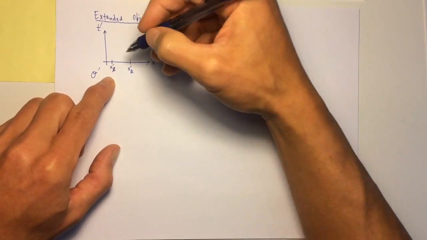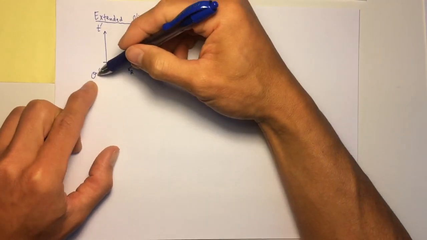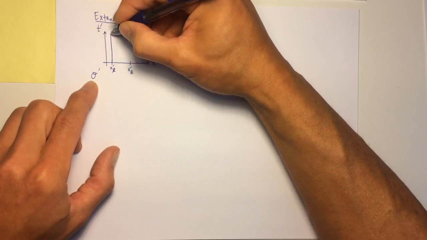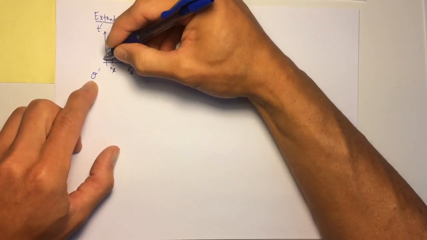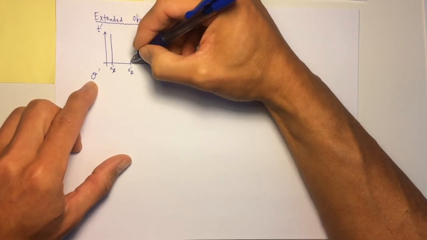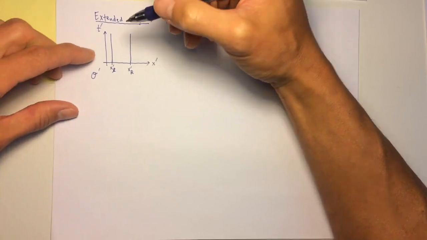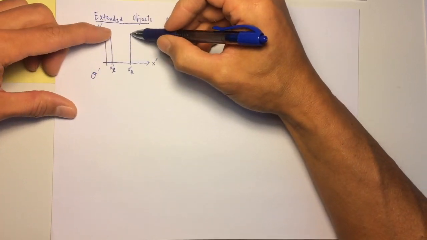And if the object is at rest in O prime, then the left-hand end doesn't move to the right or the left, and the right-hand end doesn't move to the right or the left, right, as time goes into the future.